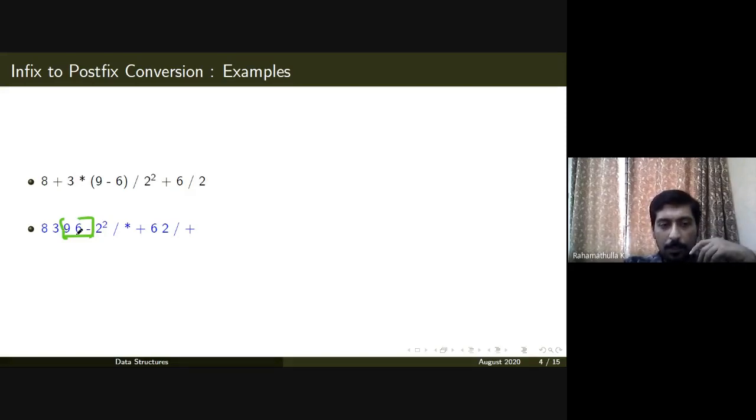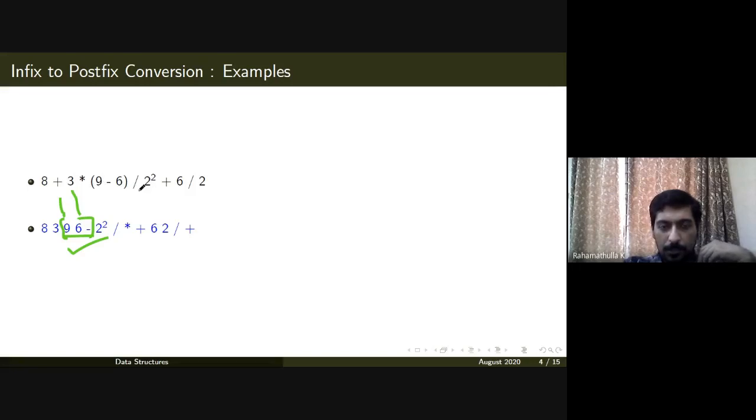So if you evaluate this expression using a computer, it will read through the operands, and once it finds an operator, it will take the previous two operands and do the operation. So it's very clear that this operation is done first, which is what we suggest by writing it in a round bracket like this.